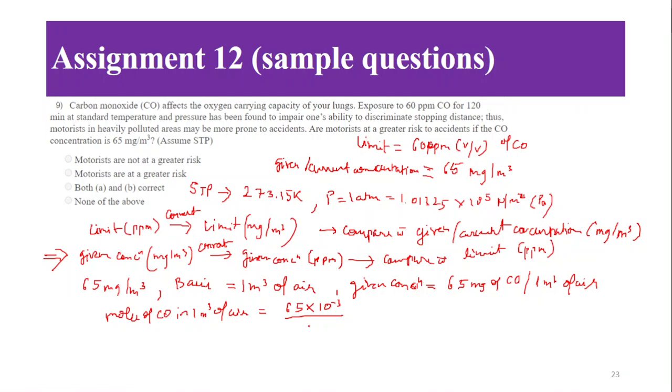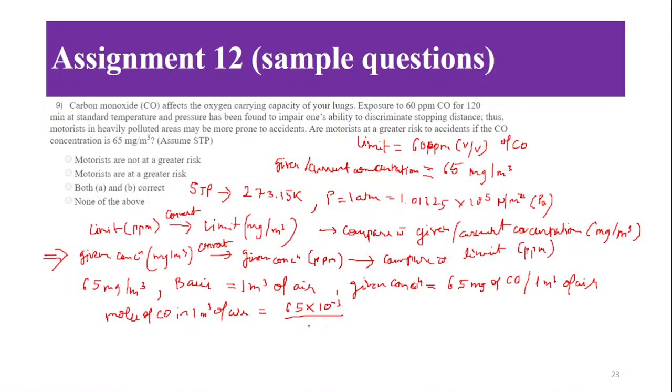So this is 65 into 10 to the power minus 3 gram of CO, and this is 28 gram per mole, per meter cube of air. So we get 2.321 into 10 to the power minus 3 moles of CO upon meter cube of air. Okay.